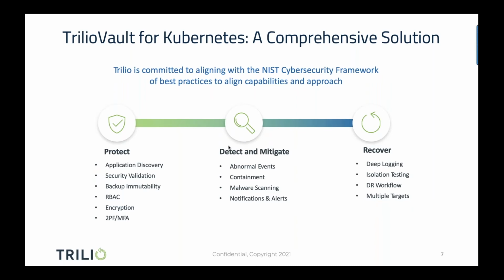Right off the bat, we discover all your different assets, whether applications, namespaces, or clusters. We discover them for you automatically within a Kubernetes system and show you if they are protected or not. If they're not protected, we flag that for you as well. So right off the bat, you have your inventory and where potential issues could arise in case you get attacked.